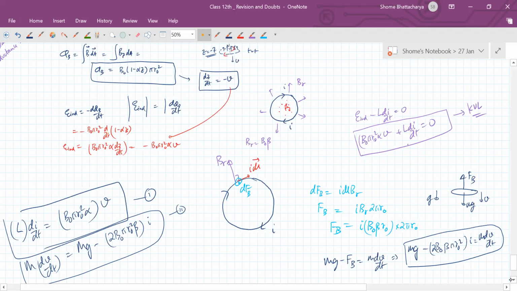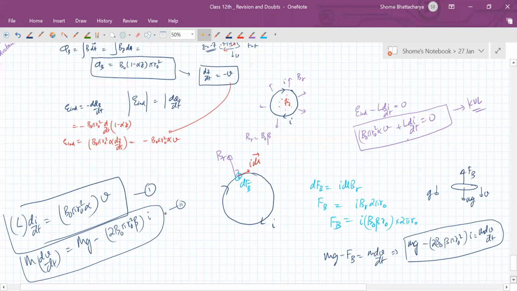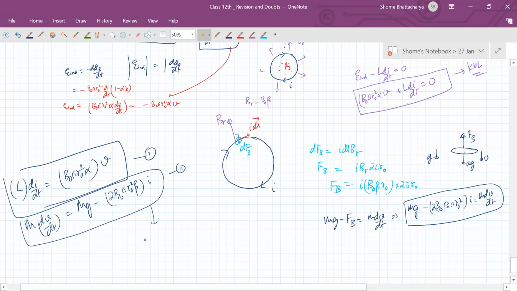So now you should be able to proceed from here. What you do is you differentiate the second equation with respect to time, and substitute di by dt from equation 1 and see what you get. And from there you proceed further.